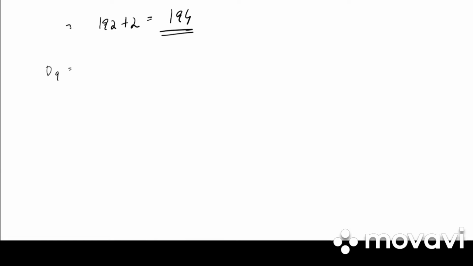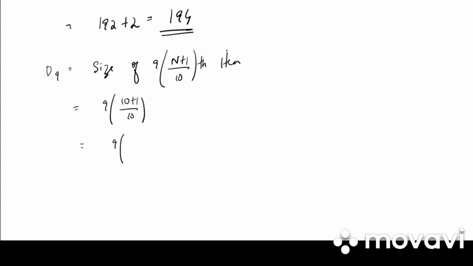Next we need to find D9. Size of 9 into n plus 1 divided by 10th item. So 9 into 10 plus 1 divided by 10. 9 into 11 divided by 10, that is 9.9th item.